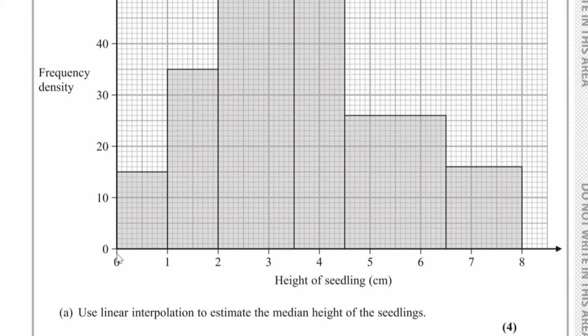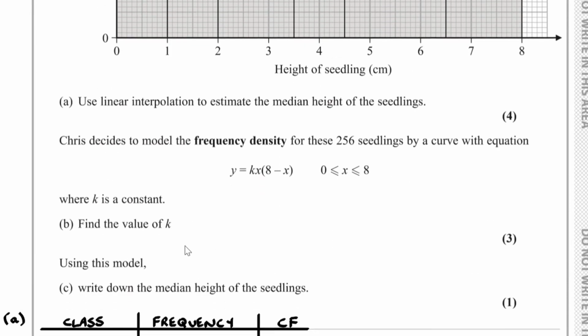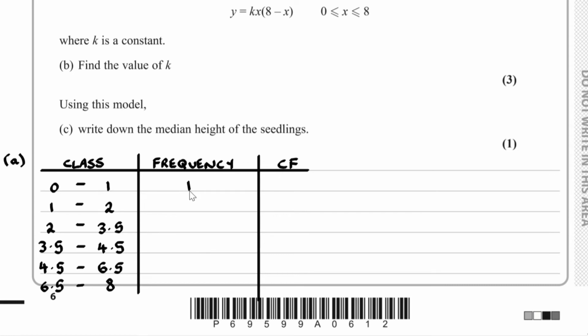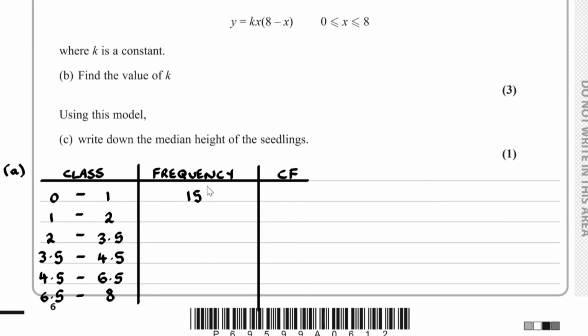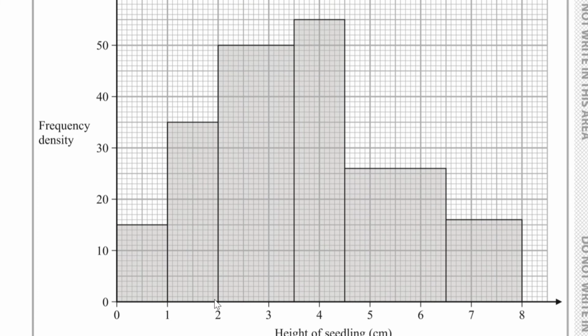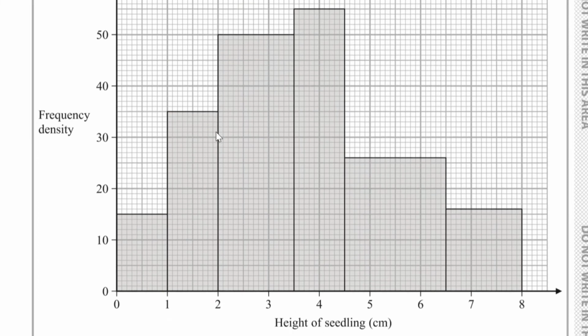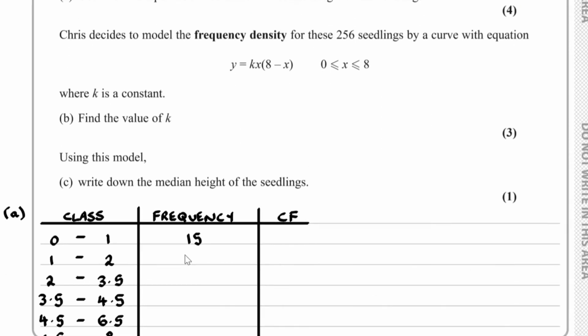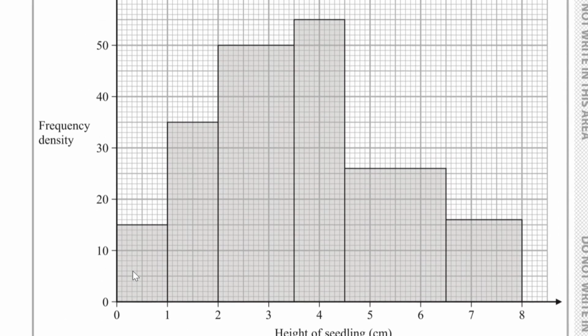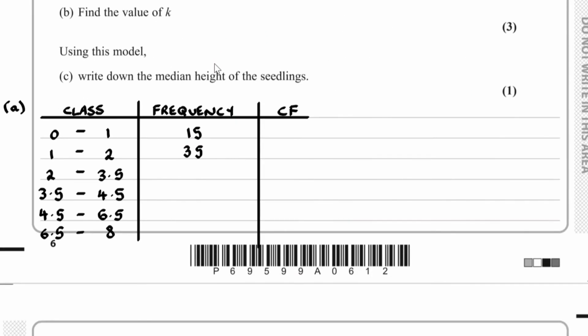So here we've got 1 multiplied by 15, that's 15. Then we've got 1 multiplied by 35, which is 35. Then we've got 1.5 multiplied by 50, which is 75.